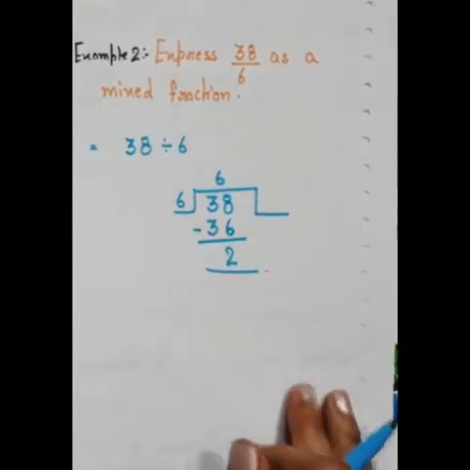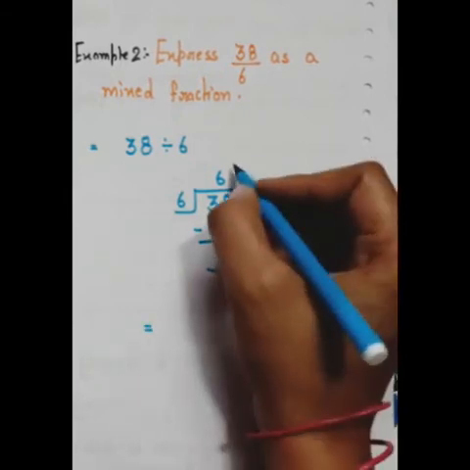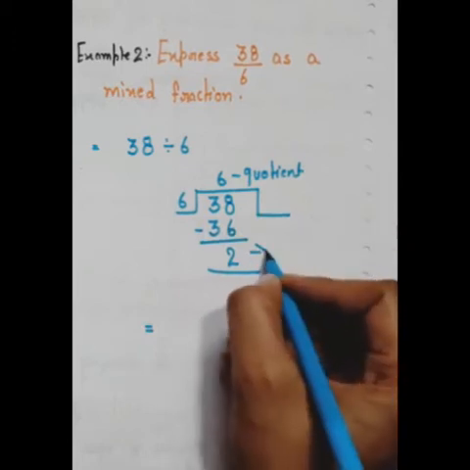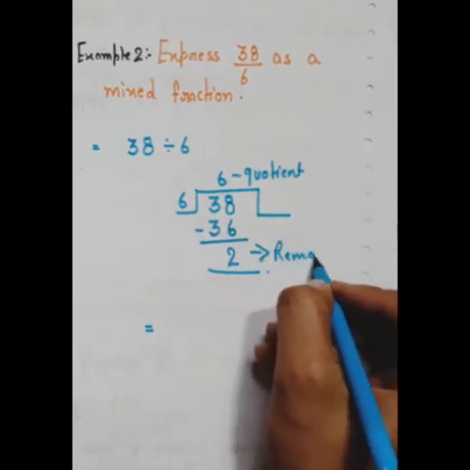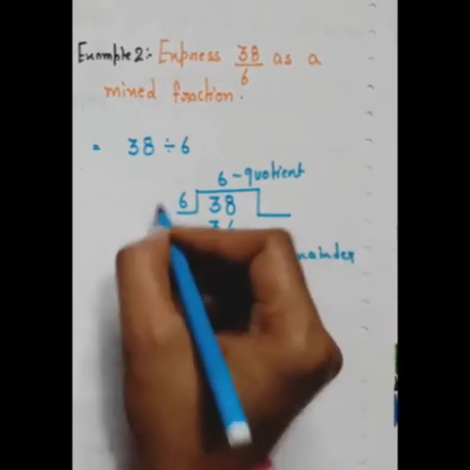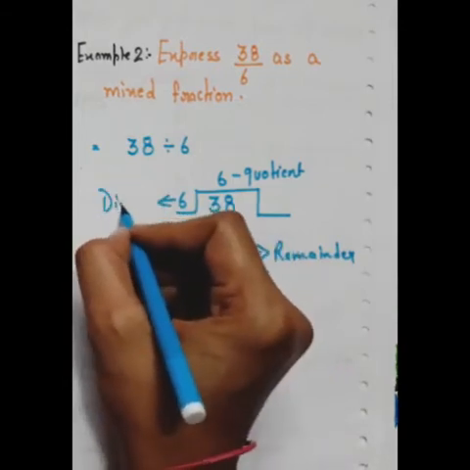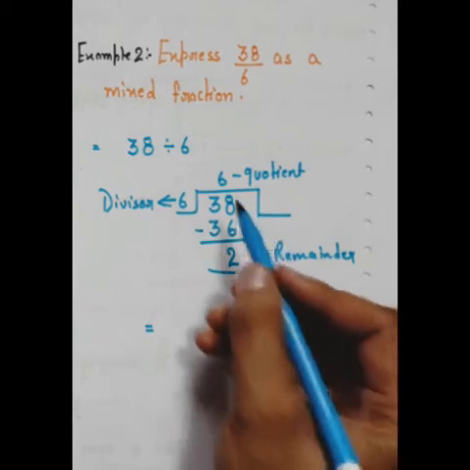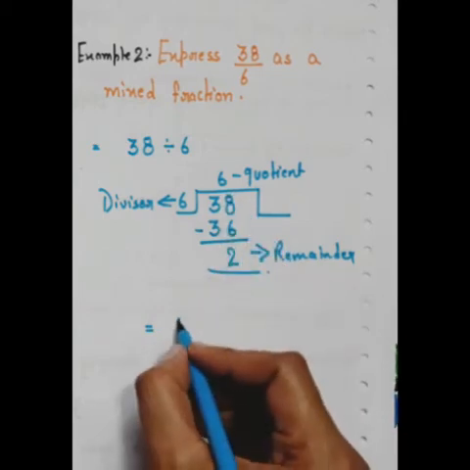Now, how will you write it as a mixed fraction? I told you, this is your quotient. This is your, very good, remainder. And this one is your divisor. Okay, so how are you going to write the mixed fraction? This quotient part becomes your whole.